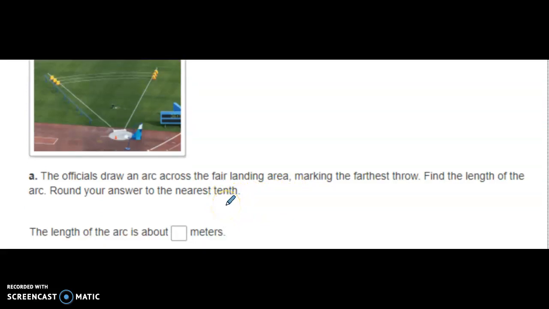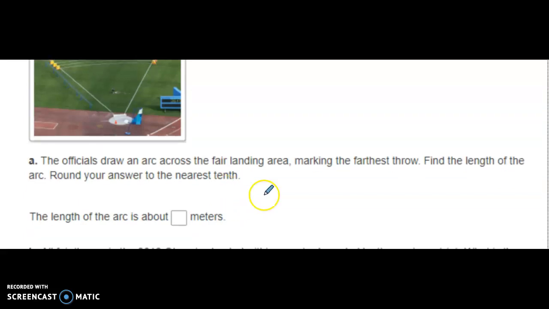So to find the length of the arc, you're going to use the formula that's in your notes. Since we're given the angle in degrees, we're going to use the formula that is the arc length equals 2 pi r times theta over 360.